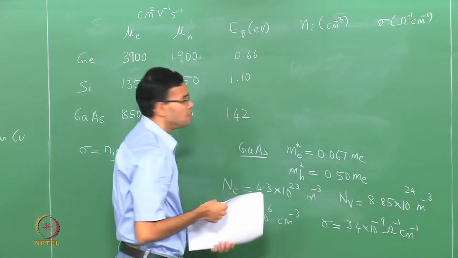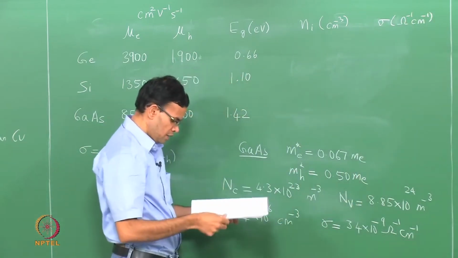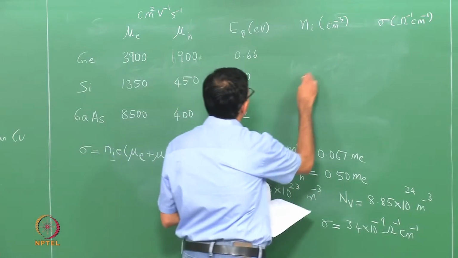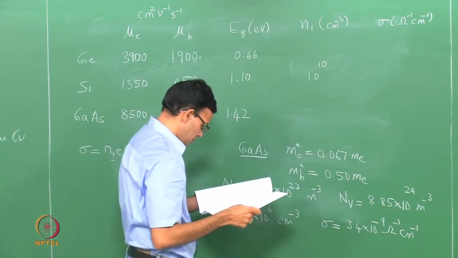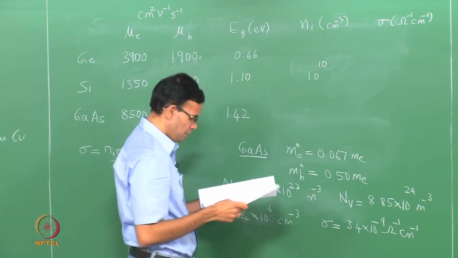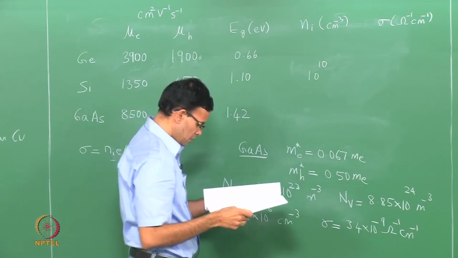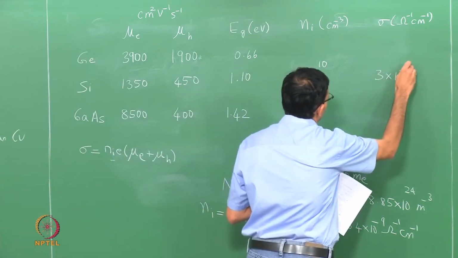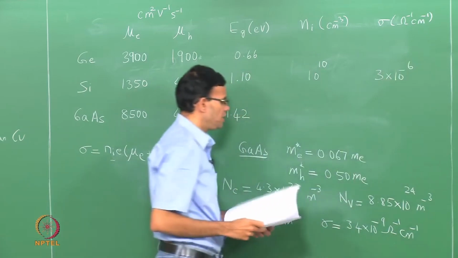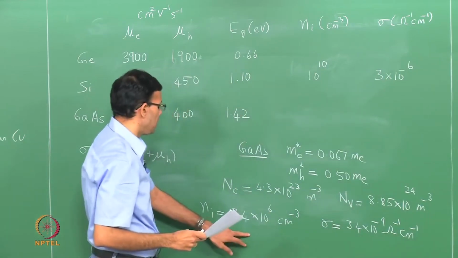We already did this calculation for silicon. So, for silicon we had Ni to be 10 to the 10, and then we had the conductivity for silicon to be 3 times 10 to the minus 6. We just did the calculation for gallium arsenide.